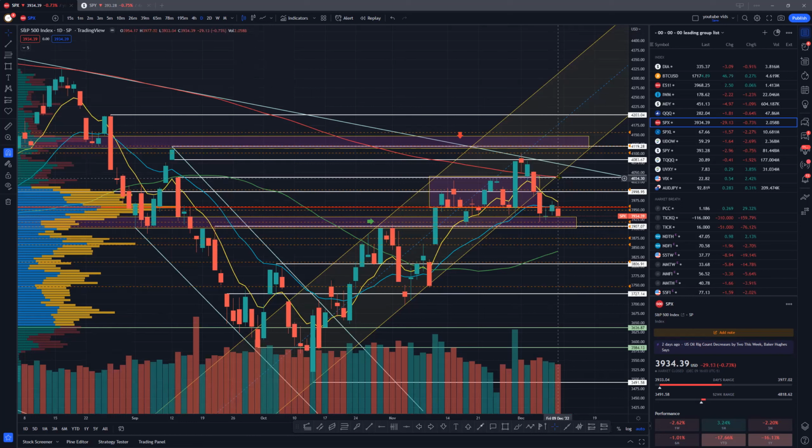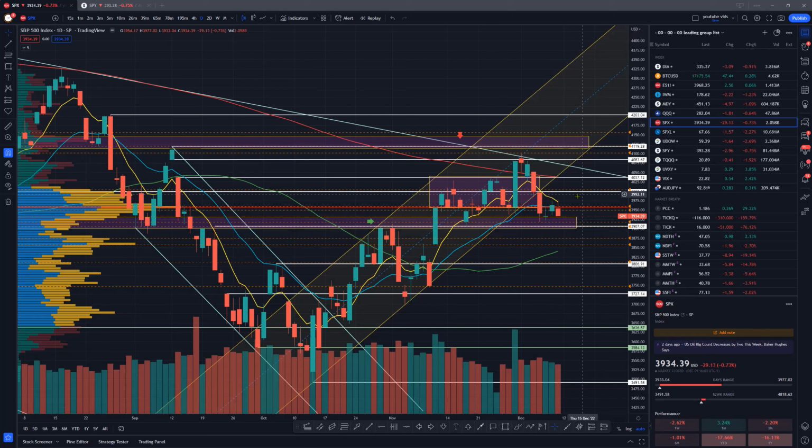So we could come up, retest this, and then JP could start talking, and then we tank. Or we come down, test this area right here, 3,900, and then if JP starts talking, we could rally back up. So it can go either direction. Usually it's a rally towards FOMC, and then it tanks after. So just keep an eye out on that.